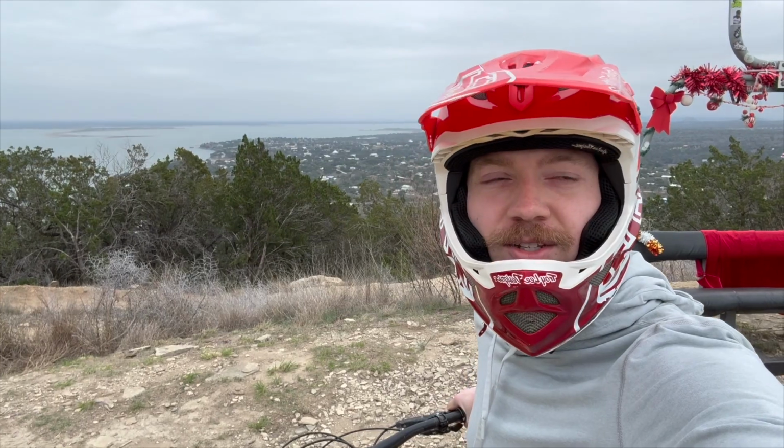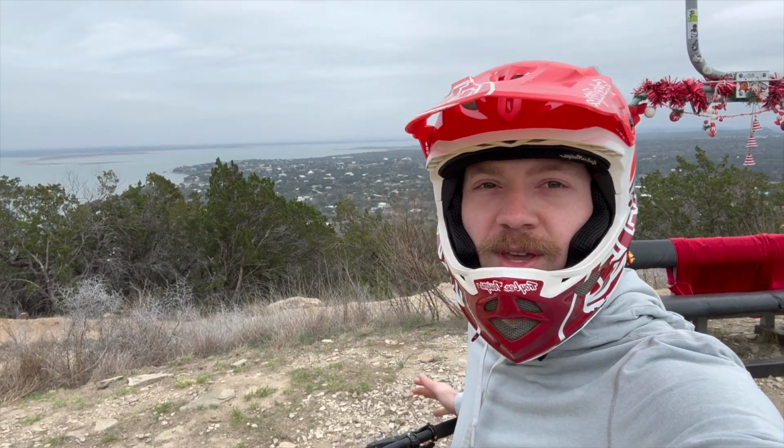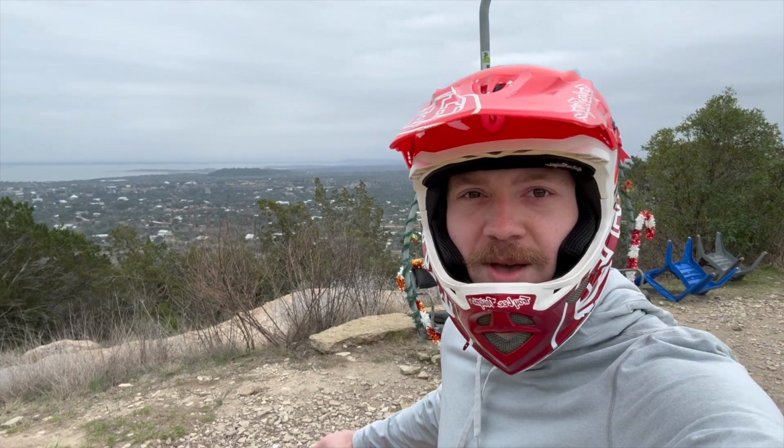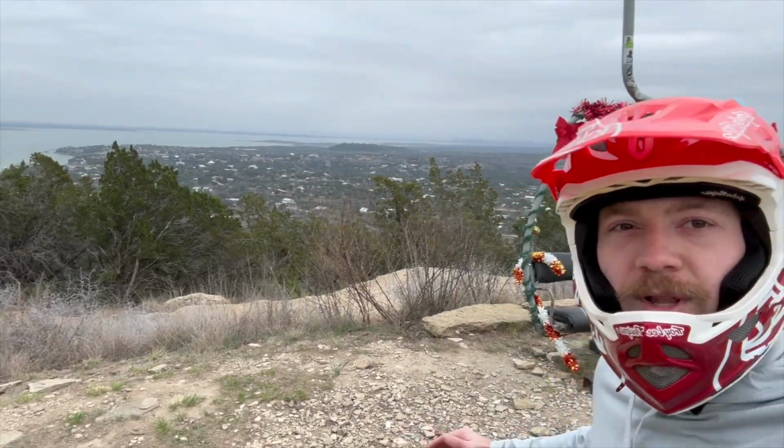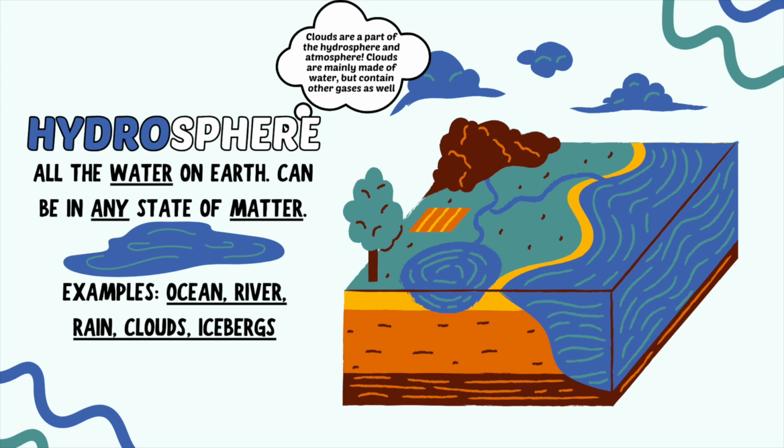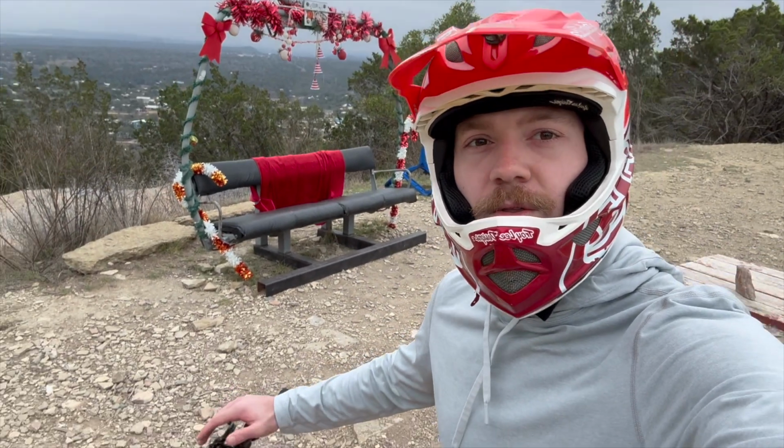Okay, let's go ahead and take a quick second to look at an example of how all four spheres interact with one another at the same time, in the real world. I'm out here mountain biking today, and you can see behind me a beautiful lake, which represents the hydrosphere, the realm of water, as well as all the rocks around me.